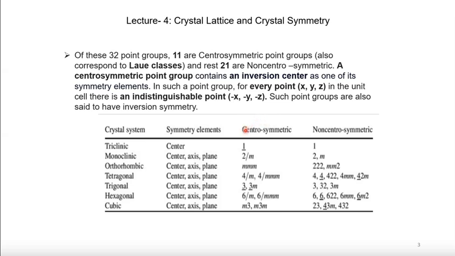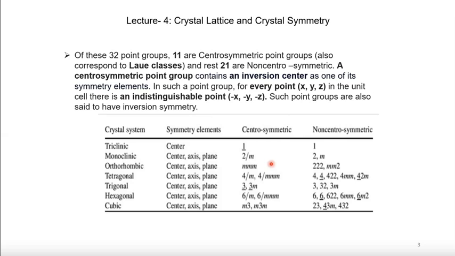So the 11 centrosymmetric point groups are here. These point groups must have an inversion center. That's why the symmetry element we are talking about here is the center. Next, we say center as well as axis, which can be a plane, etc. So centrosymmetric point groups are characteristic point groups of crystal systems.